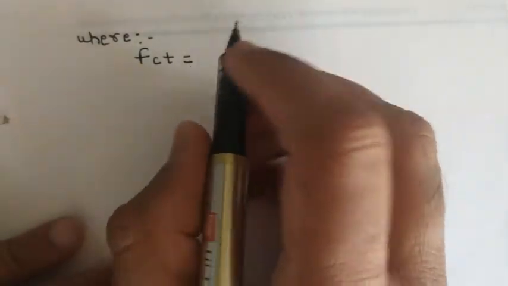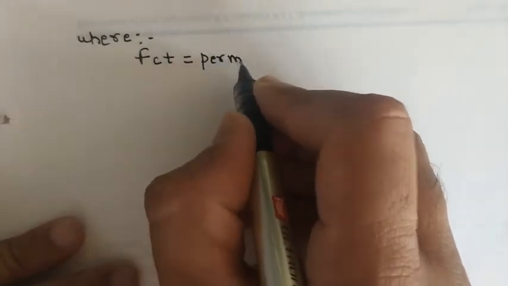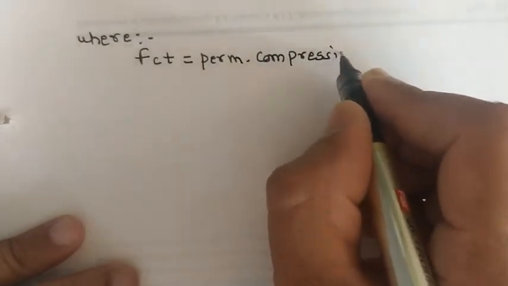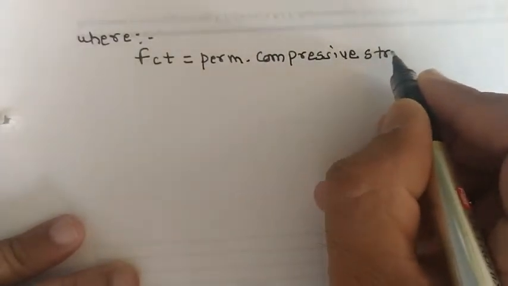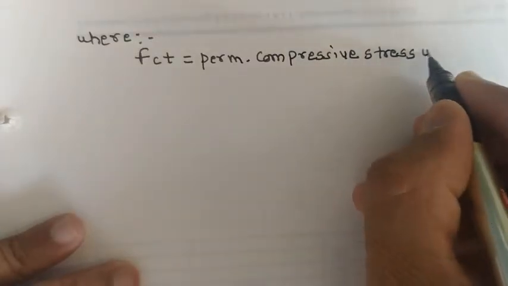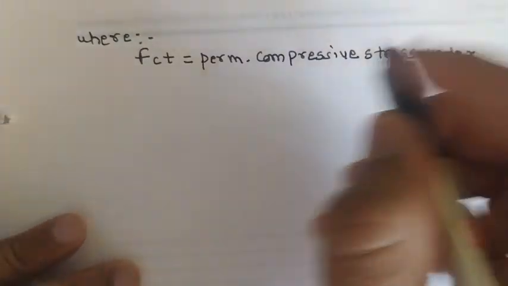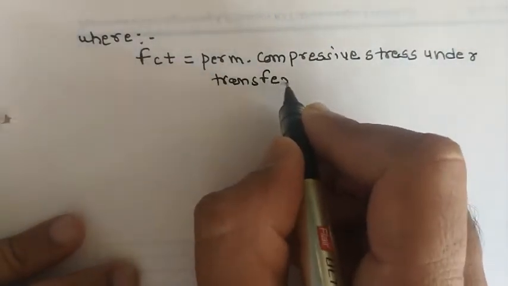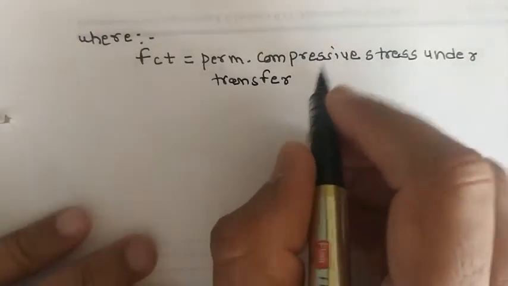Write down where FCT is the permissible compressive stress under transfer stage of loading.